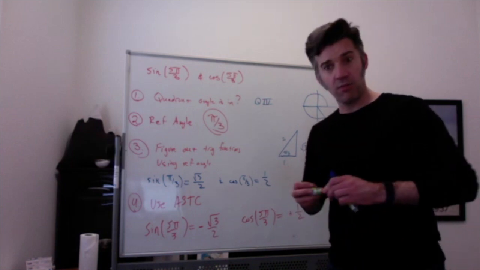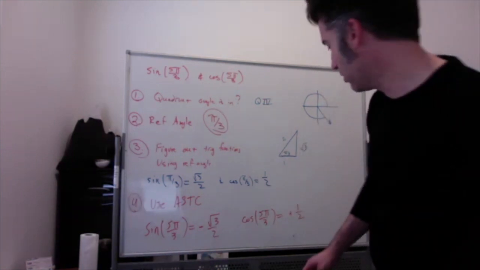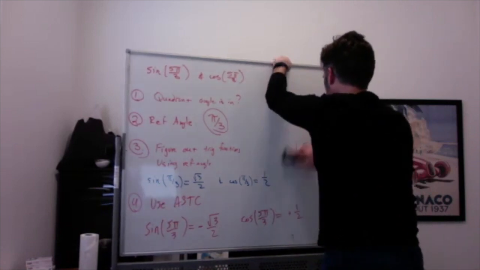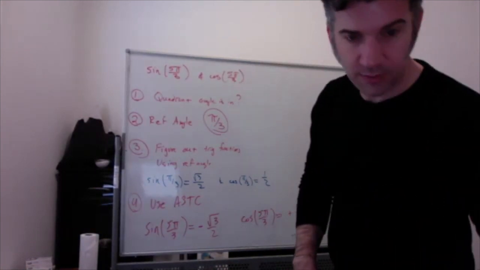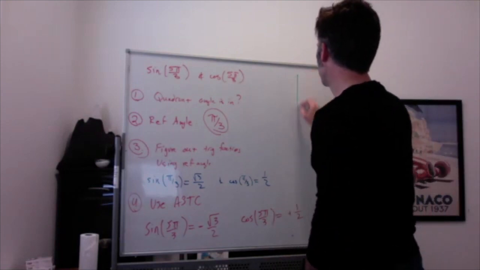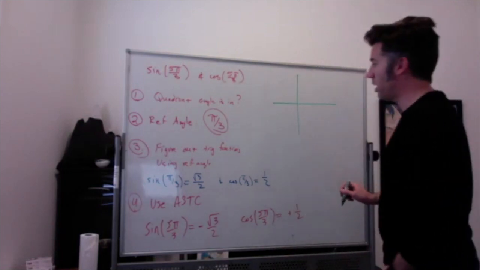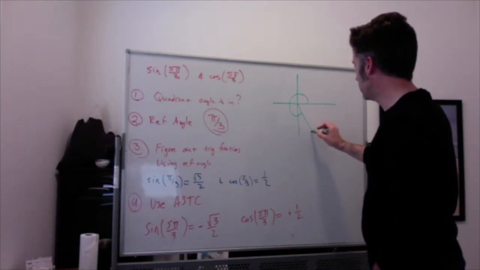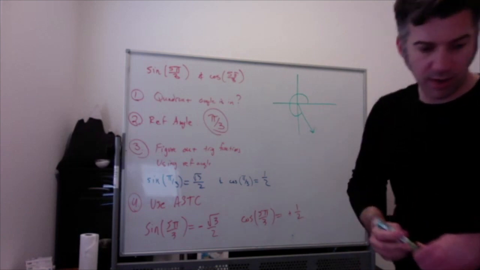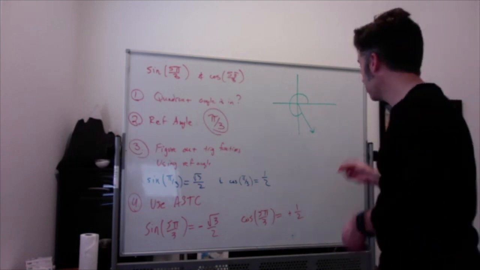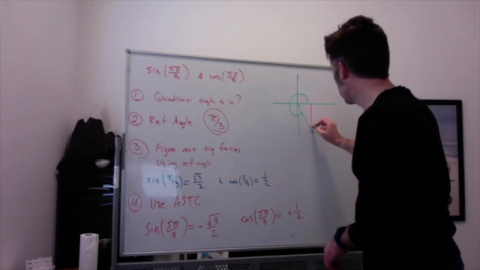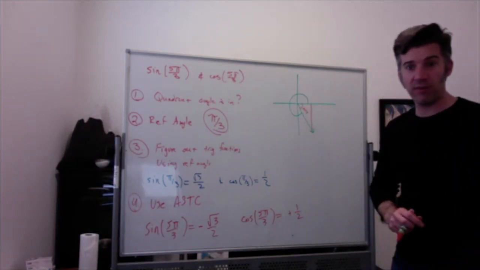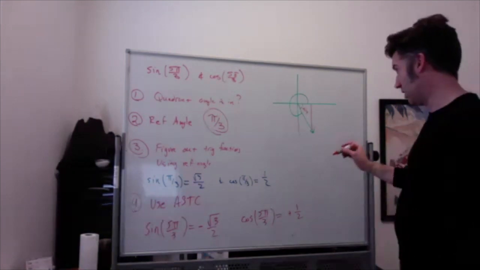And it might make a little more sense if I draw a picture. So here's what we're doing. There's my angle. There's my triangle. There's my angle pi over 3. Hopefully you guys can see that okay.